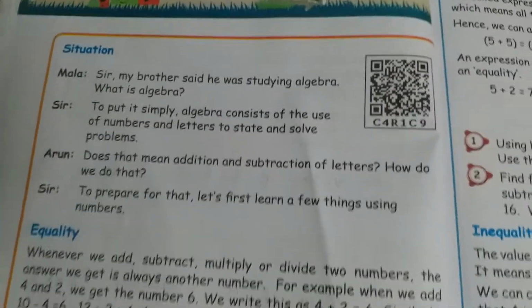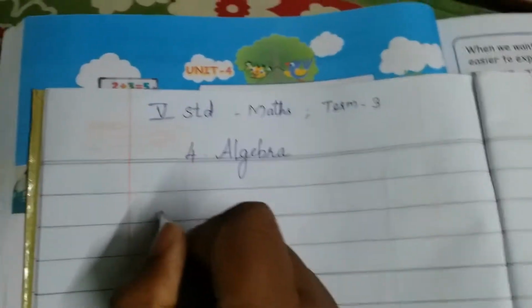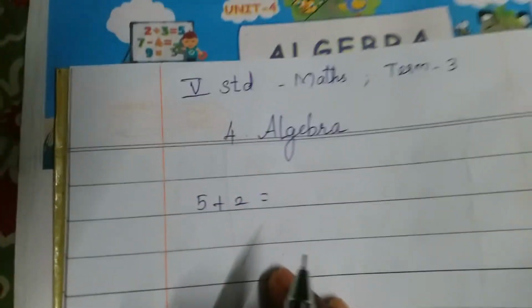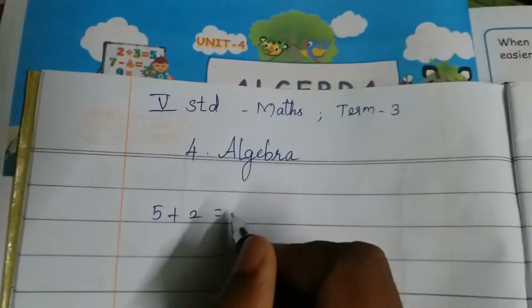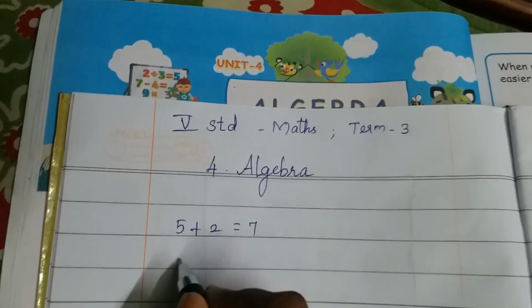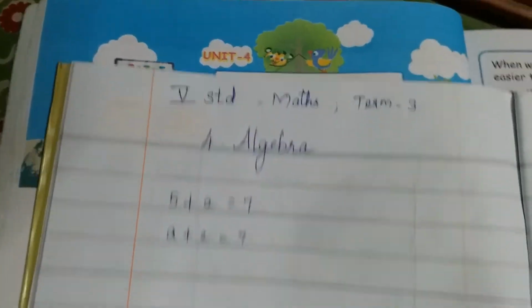Let us see this expression. Now, what is the value of 5 plus 2? It is 7. Now here, a plus 2 is equal to 7.